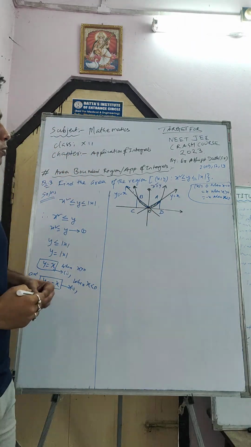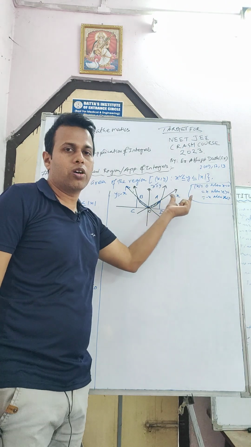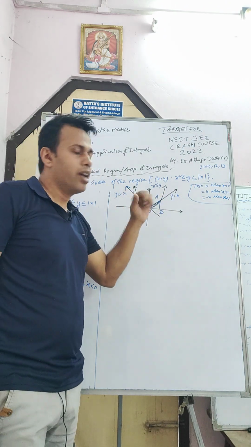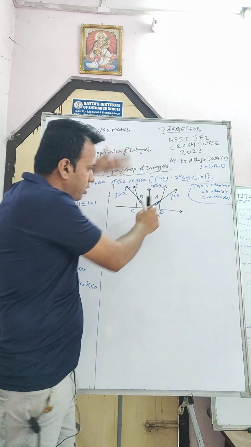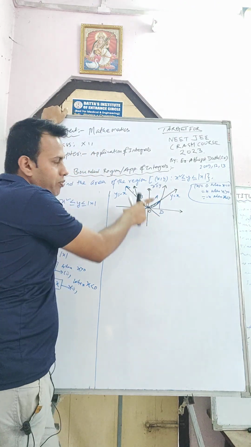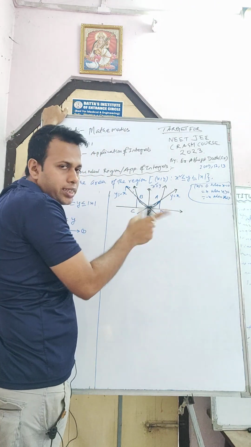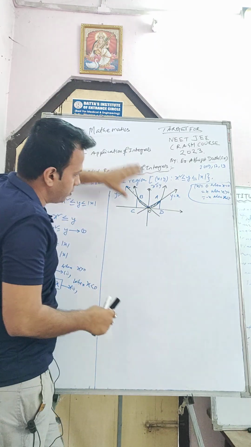For that we have to solve these equations and find out what the coordinates of A and B are. After that, we first find this part, because this is the same parabola and the same straight lines, y = x and y = -x.